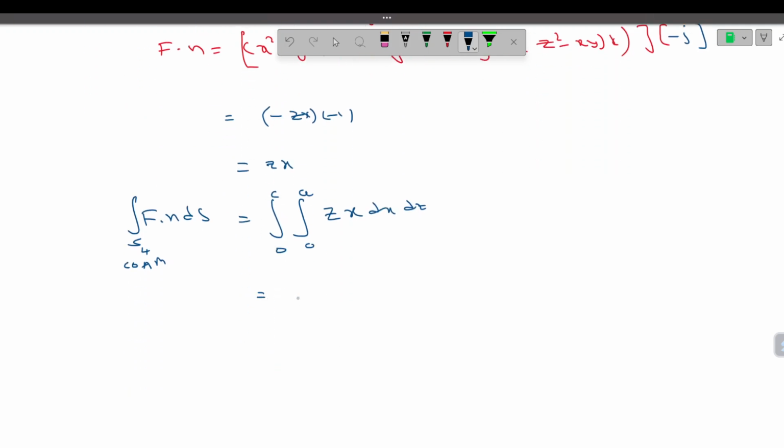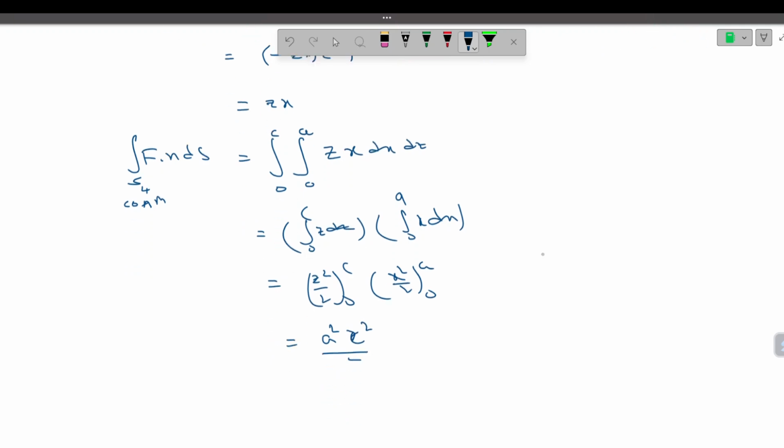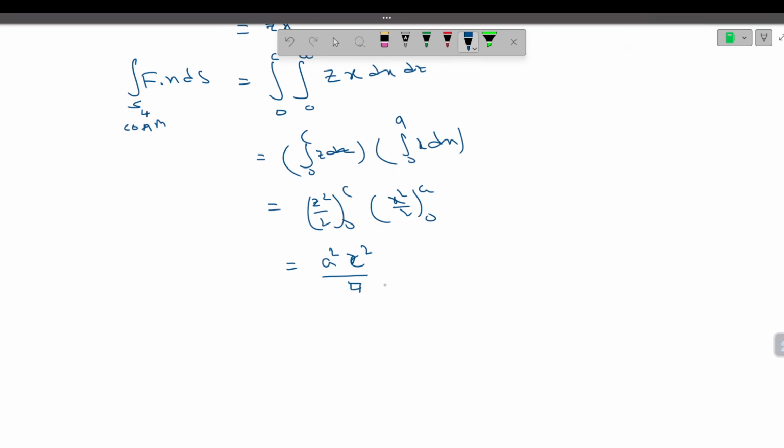Now when you integrate z dz from 0 to c and x dx from 0 to a, this will be z square by 2 from 0 to c and x square by 2 from 0 to a. So this will be a square c square by 4. Call it equation number 4.